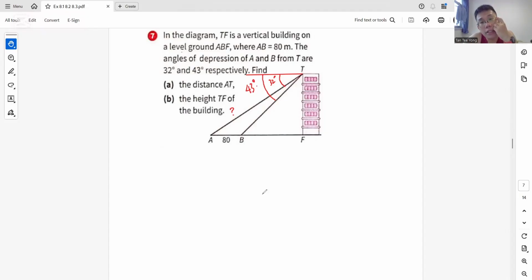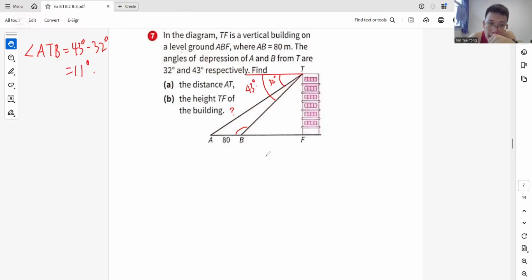So I need to find my angle ATB, which is equal to 43 degrees minus 32 degrees, and that gives us 11 degrees. So that is 11 degrees. We also need to find our angle ABT, this angle over here. So let's take a look.